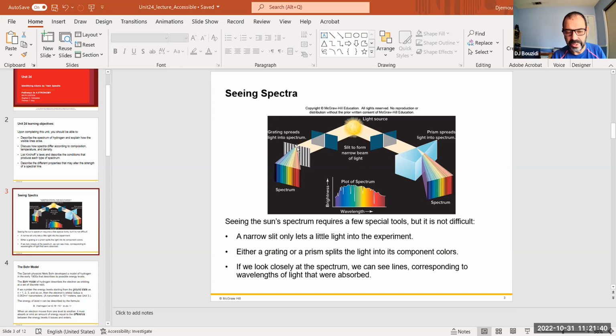Then you run it through either a diffraction grating or, in this case, a prism. And in either case, you're going to produce the spectral lines that make up this light source.